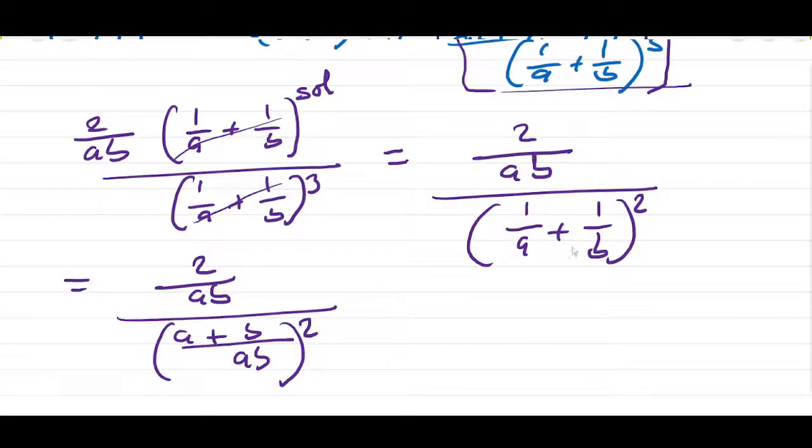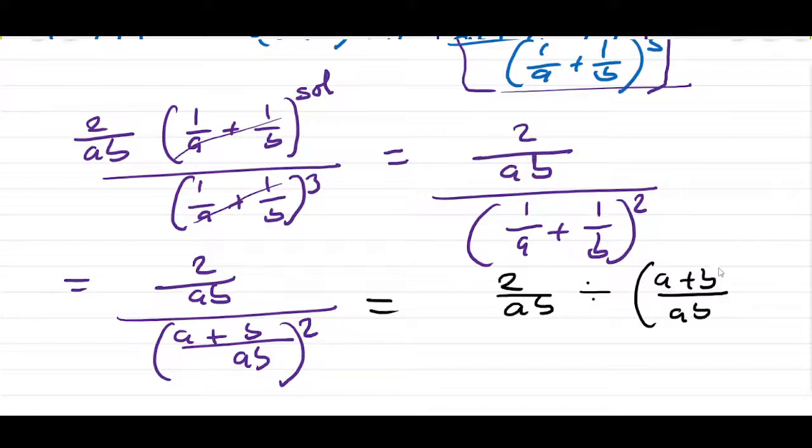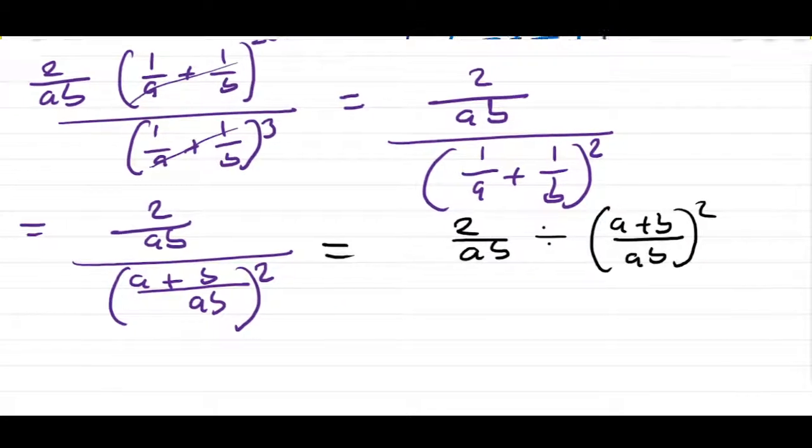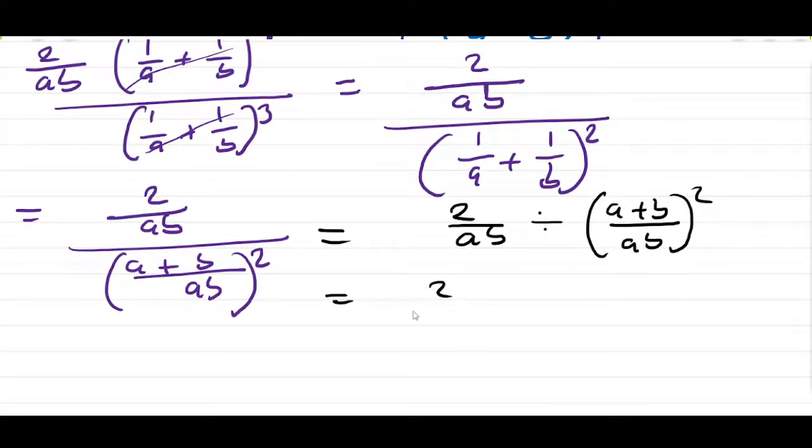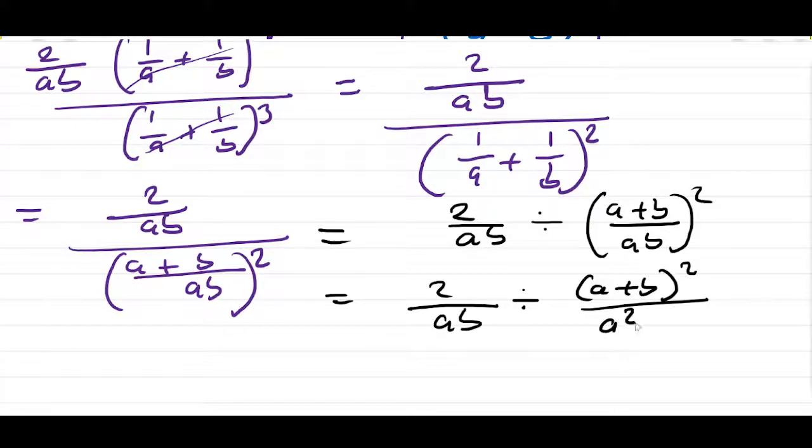So what we'll be having next will then be 2 over ab, but then you will have to be dividing it by a plus b all over ab all to the power of 2, which is essentially the same thing as having 2 over ab, but then you're multiplying it by, even before we multiply it, we can just write it as dividing by a plus b all squared, and then we're having ab squared, which is a squared b squared.